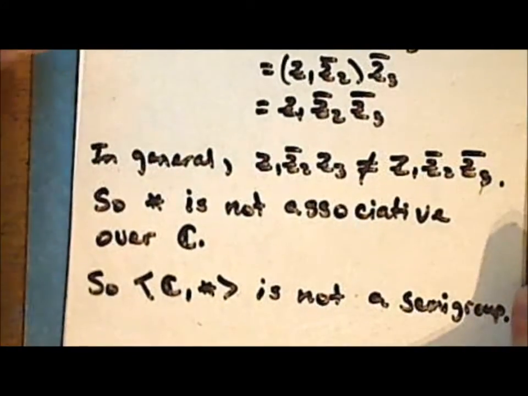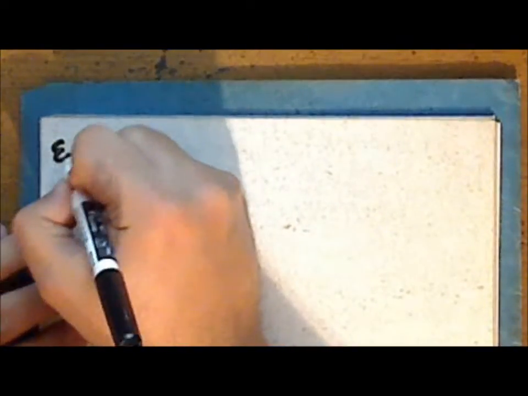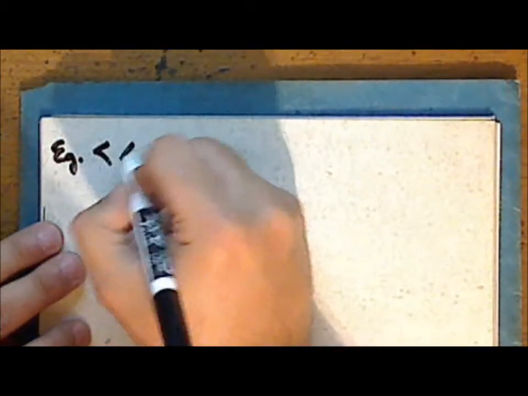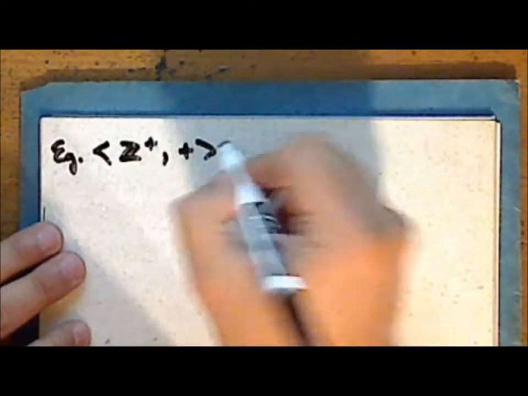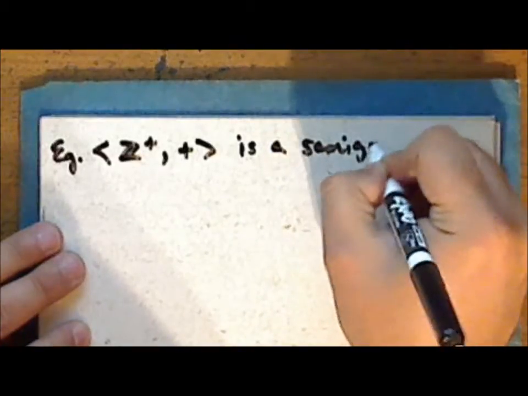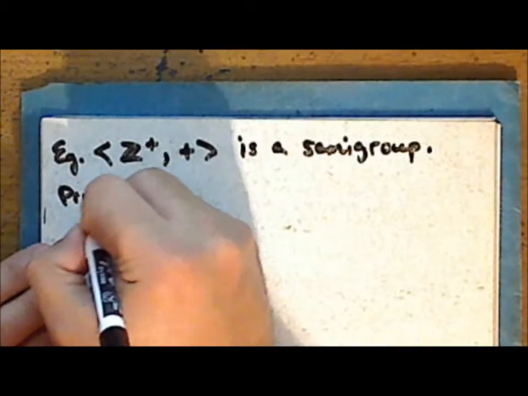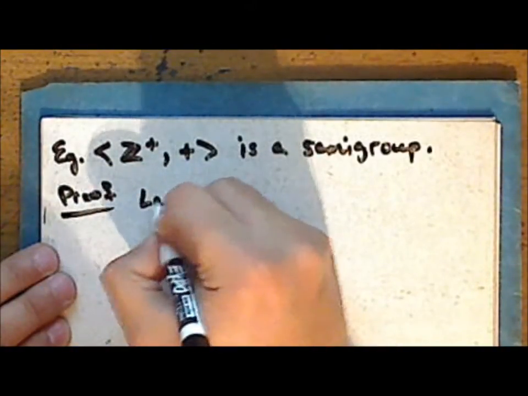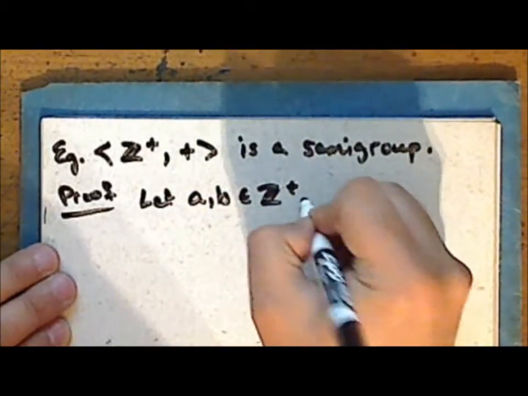Okay, so next we'll look at a structure, a magma, that is a semigroup. The structure consisting of the set of positive integers together with addition is a semigroup. So proof. Let A and B be positive integers.